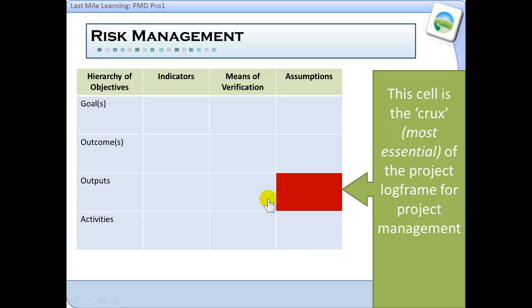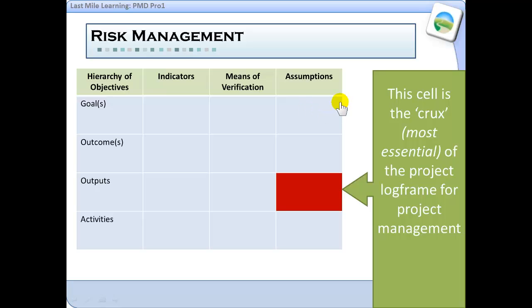a separate risk management strategy using a risk register. But I wanted to highlight this slide here because it's showing the grid of the hierarchy of objectives in the log frame and the indicators, the means of verification, and the assumptions.